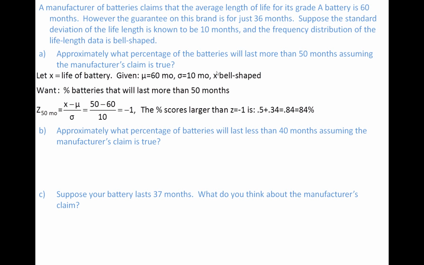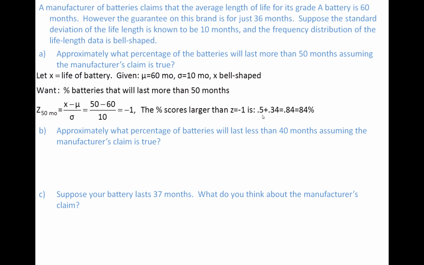So the percentage of scores that should be larger than -1 is, well, 0.5, 50% of the data is larger than the mean, because the mean is the midway in a bell-shaped data. The data is symmetric about the mean. So half the data is larger than the mean.